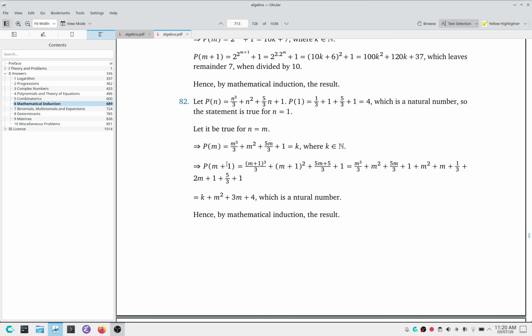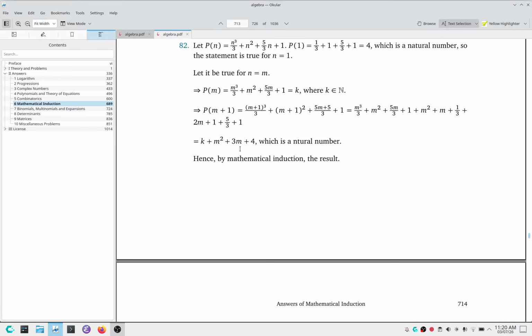Now we put n equal to m plus 1, and we arrive at m cubed over 3 plus m squared plus 5m over 3 plus 1, plus m squared plus m plus 1 by 3 plus 2m plus 1 plus 5 over 3 plus 1, which is equal to k plus m squared plus 3m plus 4, which is a natural number. Hence by induction we have the result.